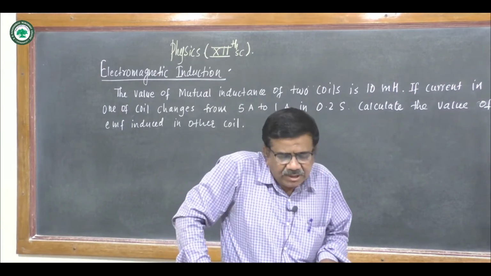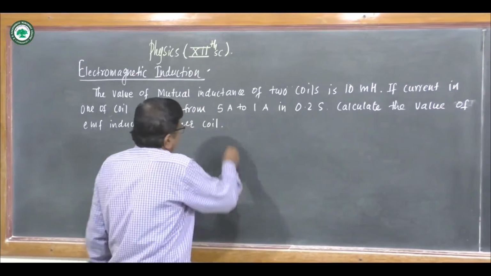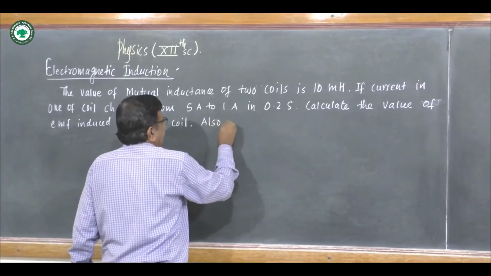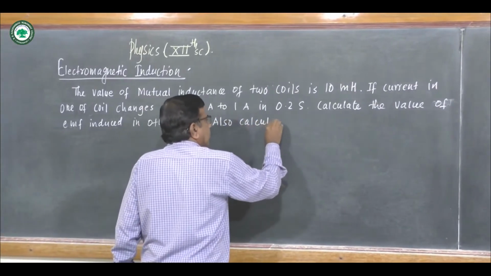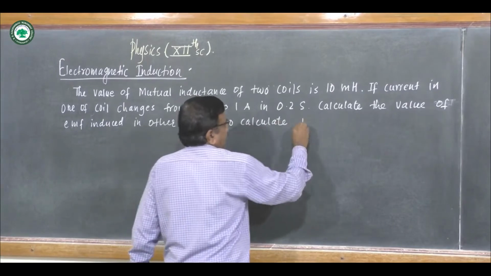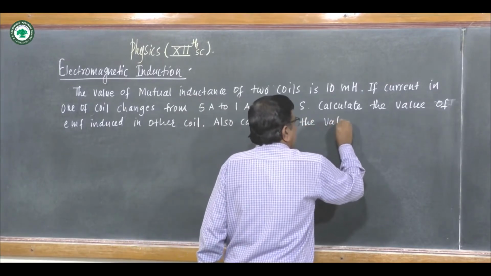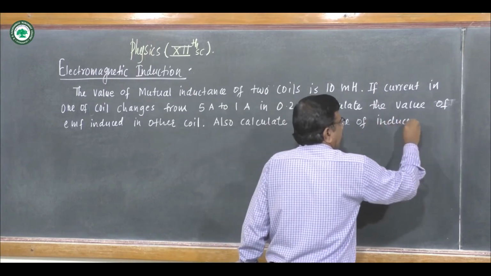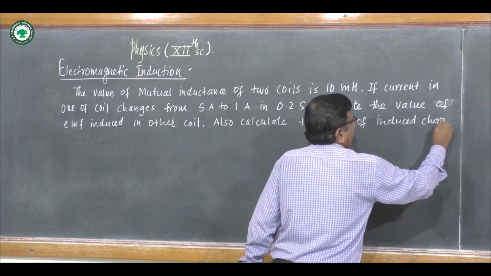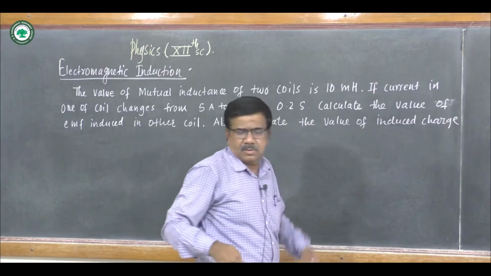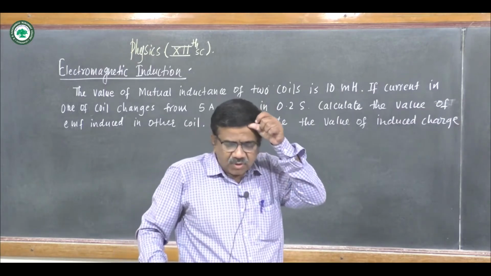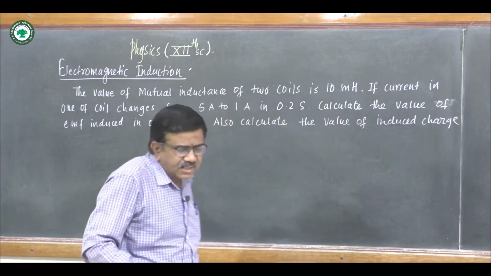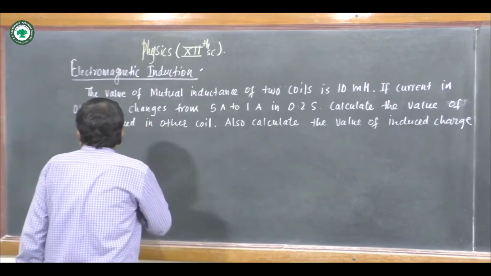Also calculate the value of induced charge through the coil if its resistance is 5 ohm.